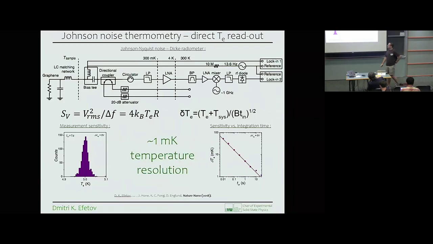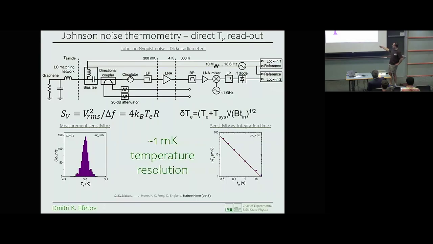This heterodyne measurement scheme uses the Johnson-Nyquist theorem, which states that the power emitted by a graphene device, basically black body radiation, is proportional to the electronic temperature T_E. If we record this emitted power with this elaborate heterodyne measurement scheme, we can use this power as a calibration for our thermometry.